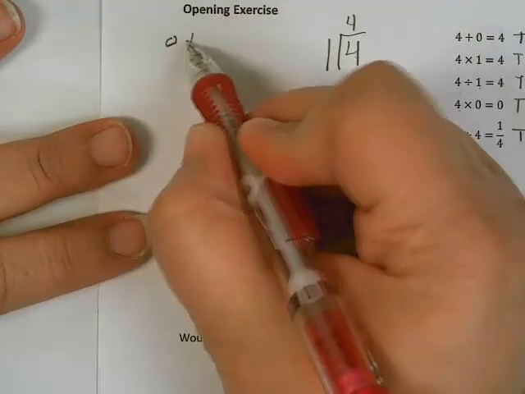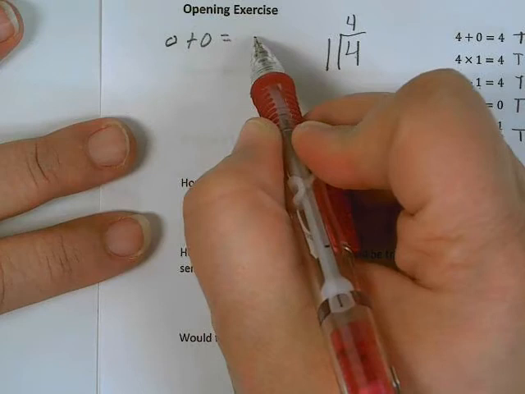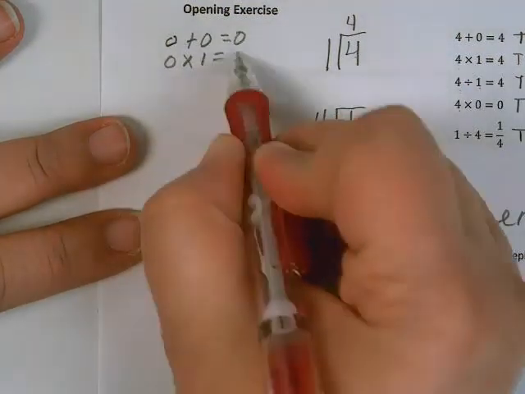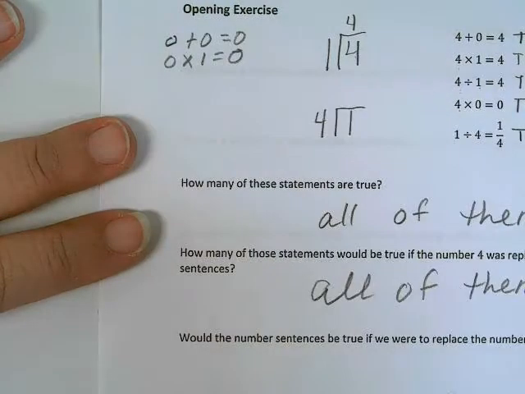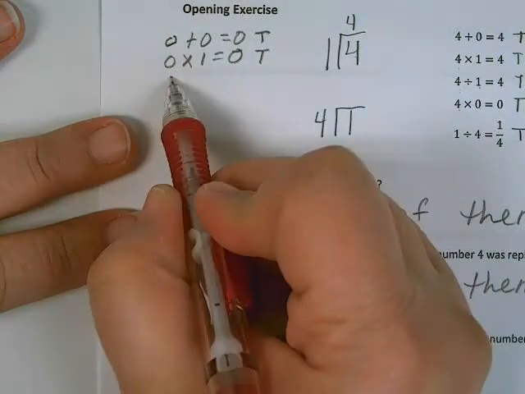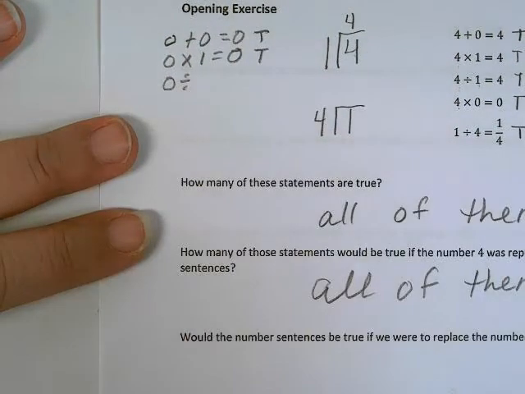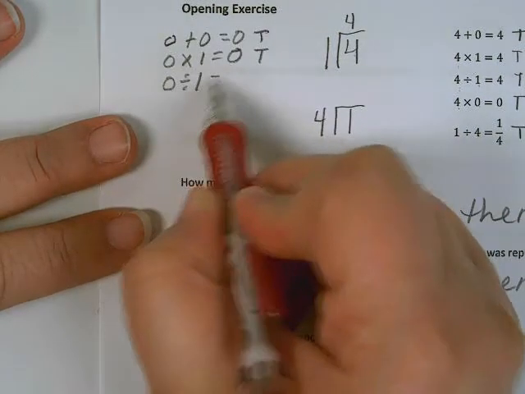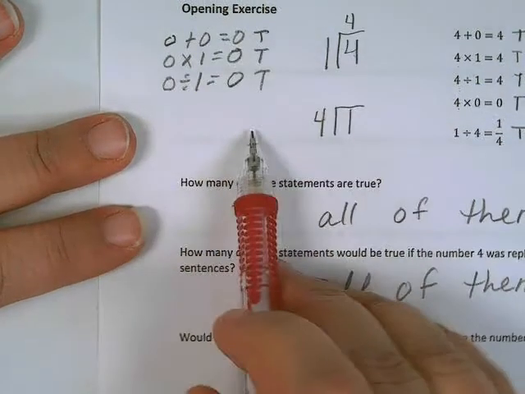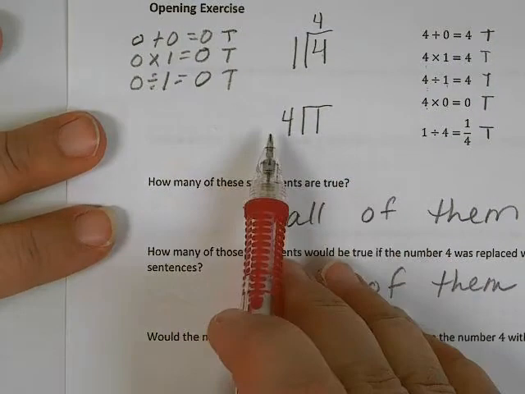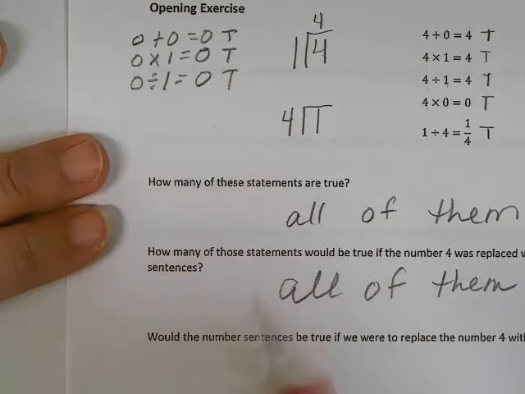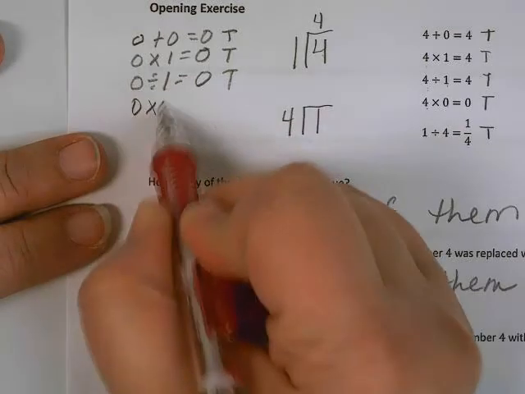So 0 plus 0 is equal to 0. 0 times 1, that equals 0. So both of those are true. 0 divided by 1 is equal to 0. So that's true. So far, these sentences are all true because the first number and the last number are all the same. 0 times 0 would equal 0.